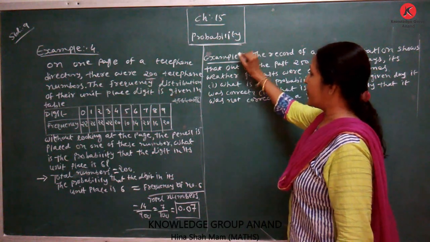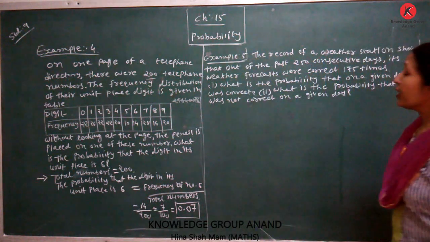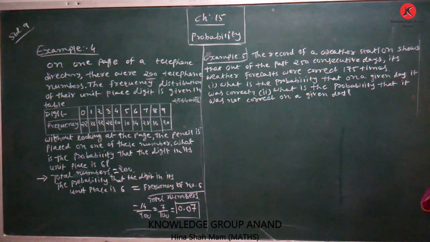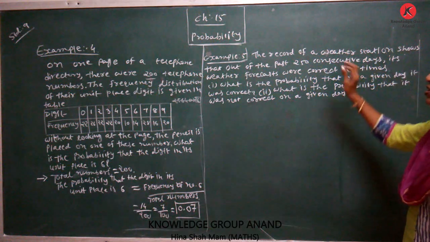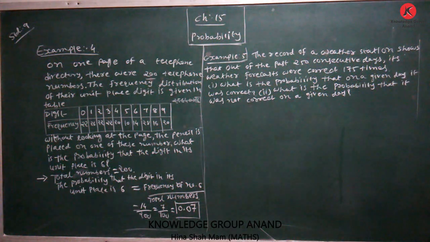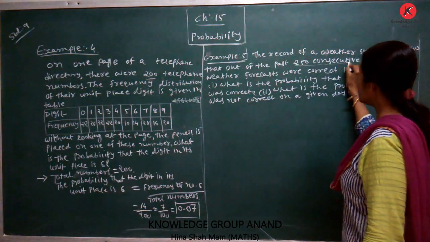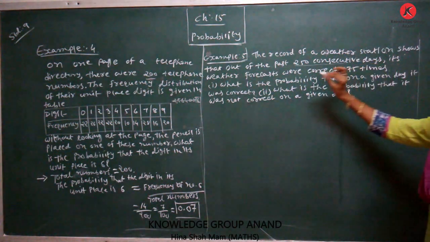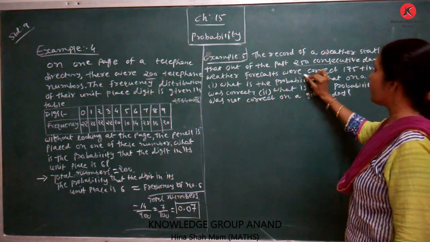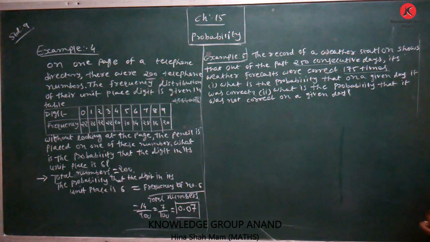Example number 5. The record of a weather station shows that out of the past 250 consecutive days, its weather forecasts were correct 175 times.